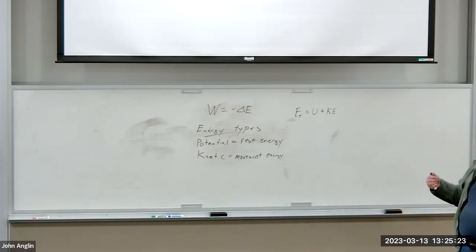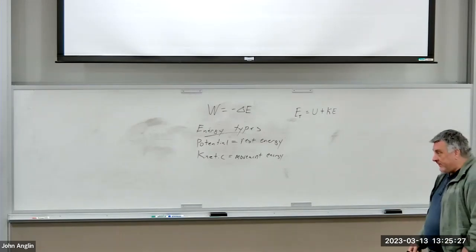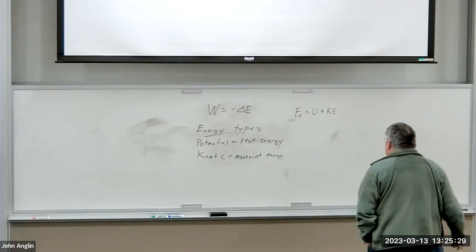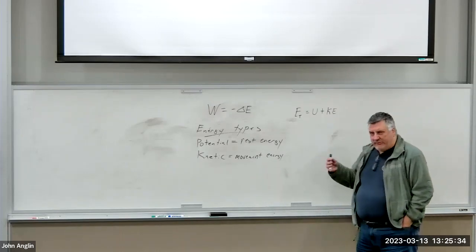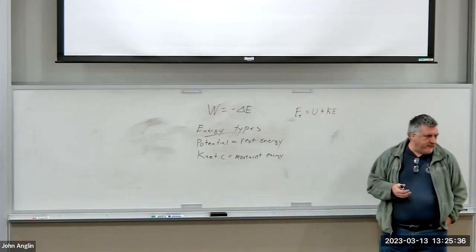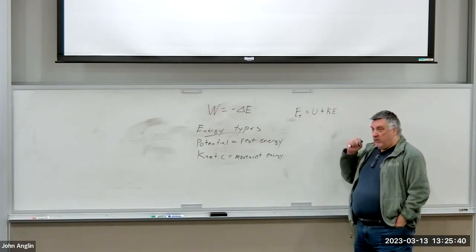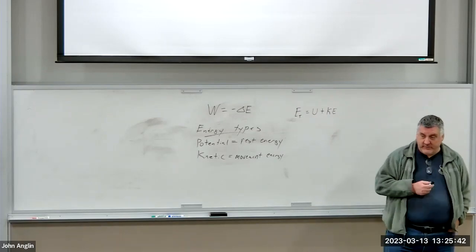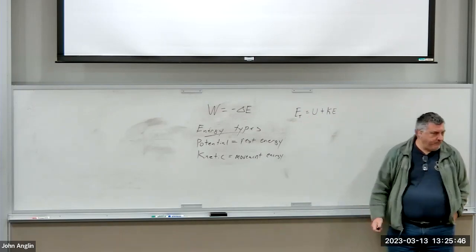Electric potential, for example, thermal potential, chemical potential. These are all different types of potential energy, and they do not all have the same mathematical form for finding them in an equation. So we use the general U for potential, because now this can mean whatever kind of potential I have, right?